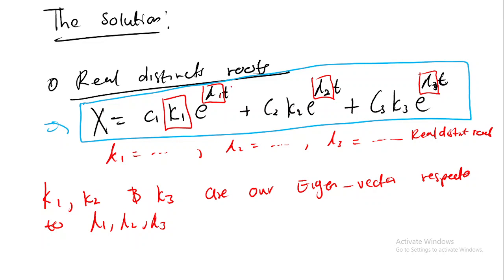So K1 goes with lambda 1, K2 goes with lambda 2, and K3 goes with lambda 3. Basically, if you are required to determine the general solution, you use this equation. You just need to get the eigenvector, and then substitute the eigenvalue here, and this will be your answer.